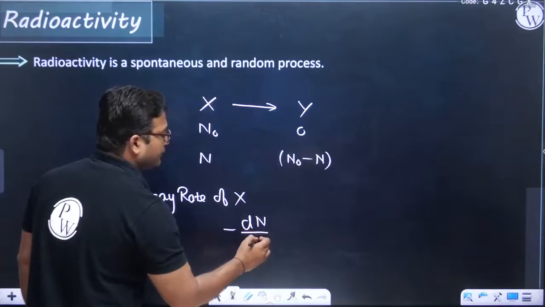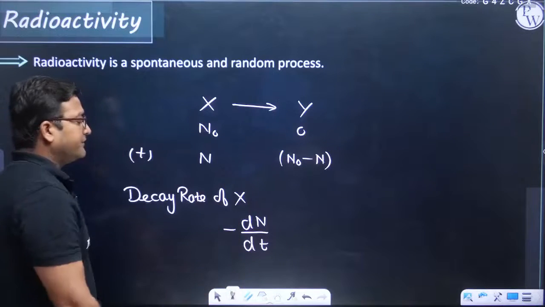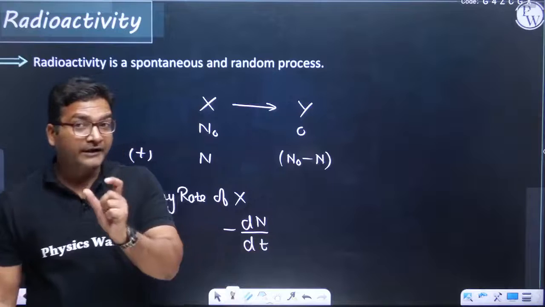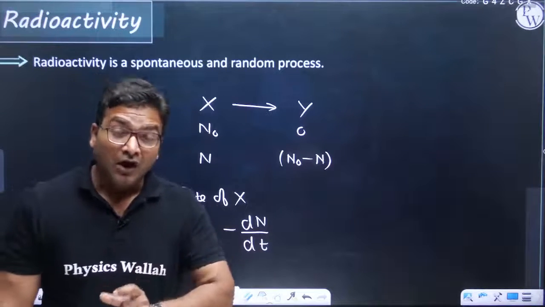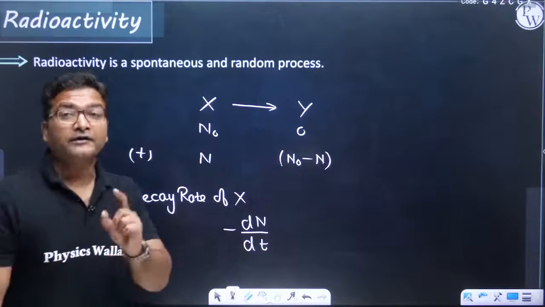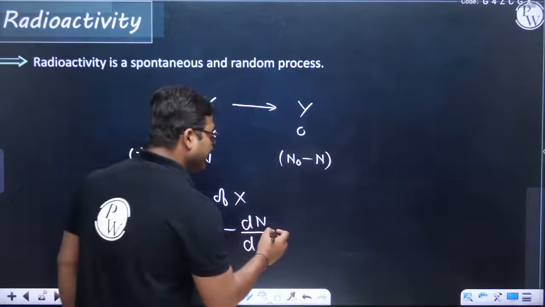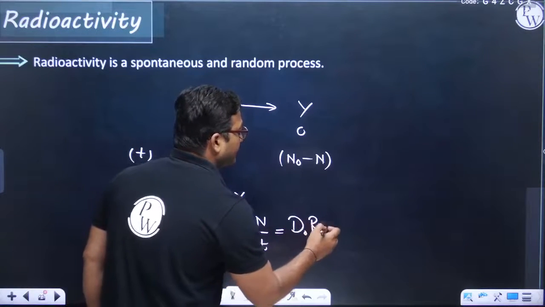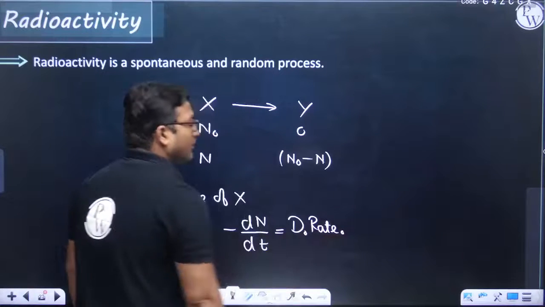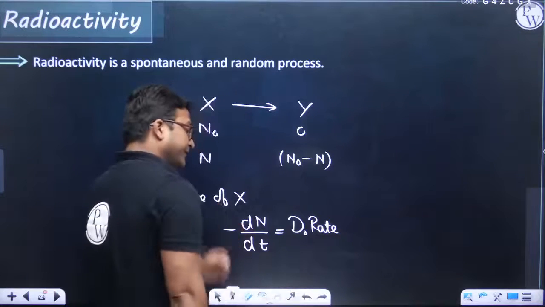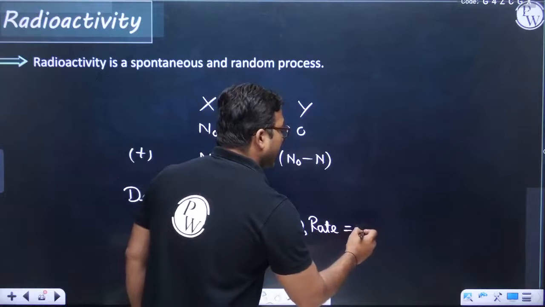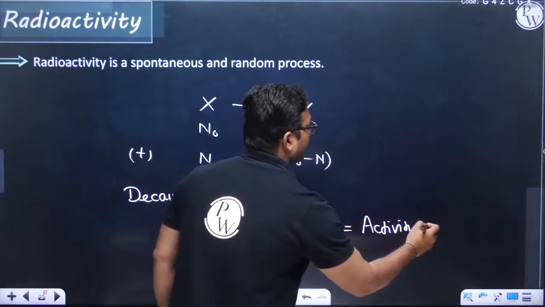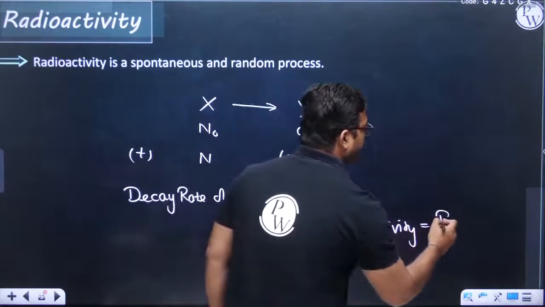We have used the minus sign here because n is decreasing, and this is called decay rate or rate of disintegration or activity or radioactivity. So always remember this is decay rate or rate of disintegration or activity or radioactivity.